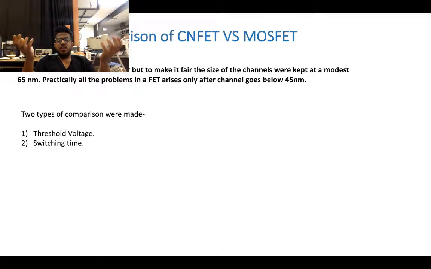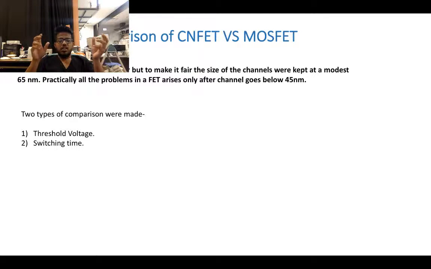a real life comparison of how this is better. You know that you can shrink it to smaller sizes, but is it better if, at the end of time or in future, we are able to reduce the size of a MOSFET to a scalable size of a carbon nanotube FET? Is it going to be comparable?